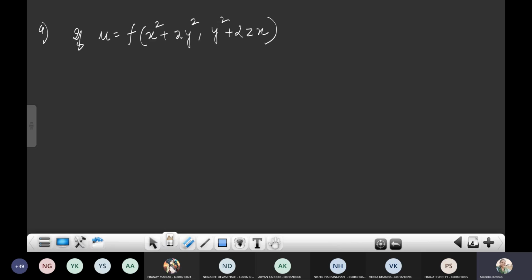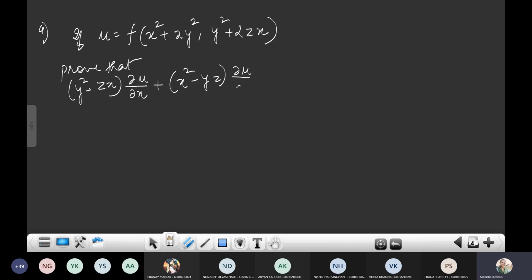That is, u is a function of x square plus 2y square and y square plus 2z. Then prove that y square minus zx into del u del x plus x square minus yz into del u del y plus z square minus xy into del u del z is equal to.